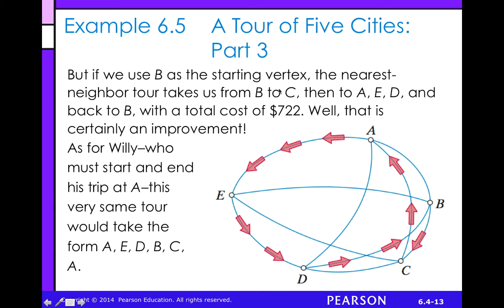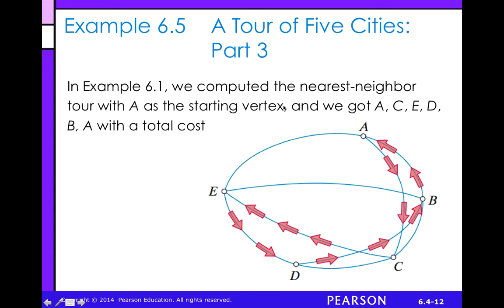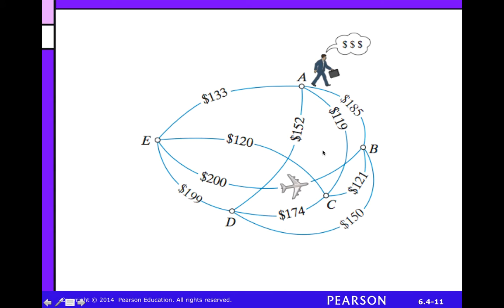Now, suppose we use B as the start vertex. Let's go back to the original picture and think of B as our start point, our home base. Finding the nearest neighbor starting at B, what does that look like? Well, we'd first go from B to C, because 121 is the cheapest. And then from C, where would we go? It looks like we would go to A, that 119.